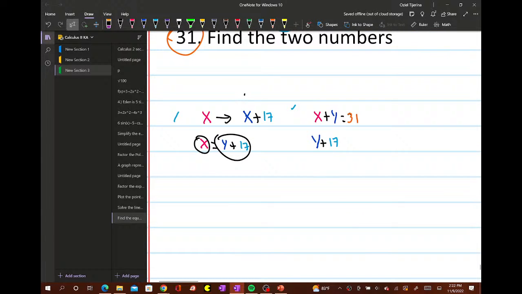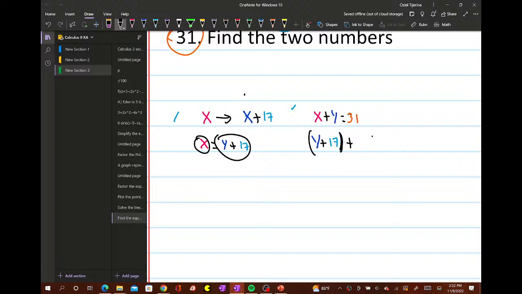So x equals y plus 17. So I'm going to plug that in for this part, right? So let's go ahead and do that.